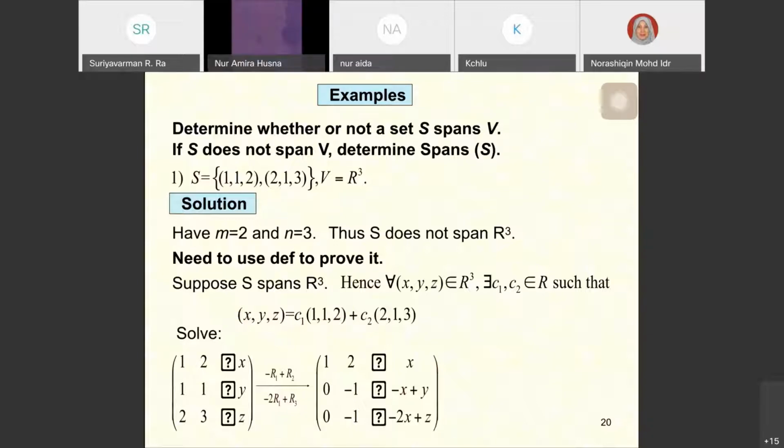Please check. Is my calculation right? Negative R2.